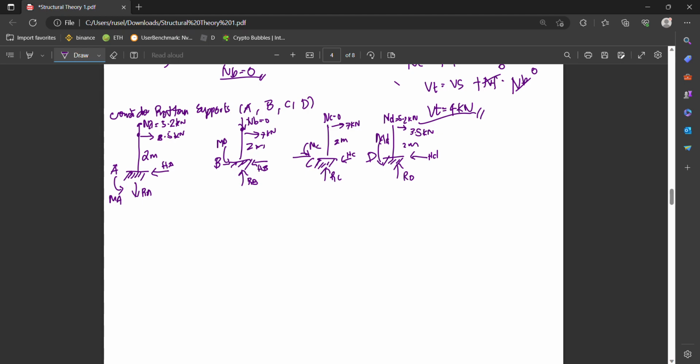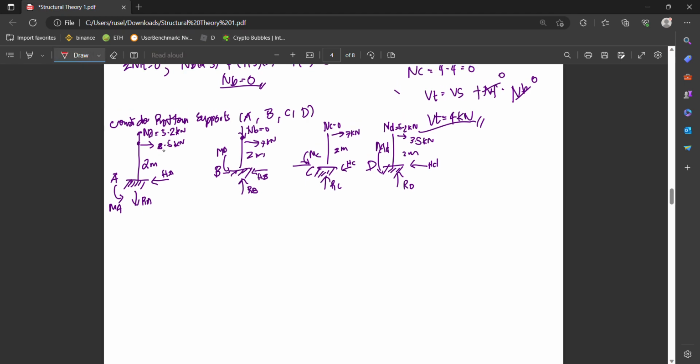Summation forces. Okay, doon na tayo sa summation forces along X. So, your HA is equal to 3.5 kilonewton.